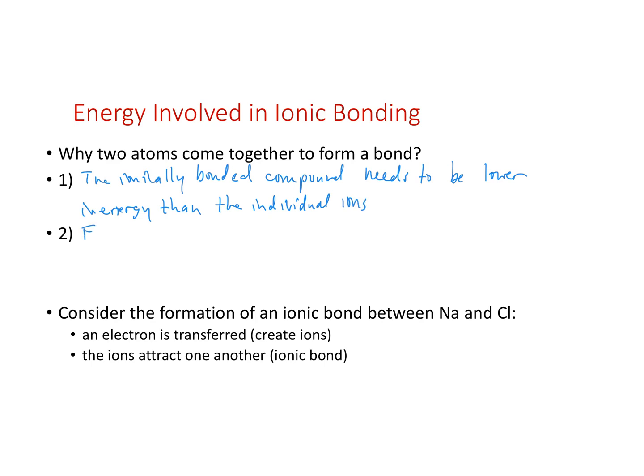We always want to go downhill with respect to energy. So most of the bonds that form bring us to a lower energy point. That means we're going to need to release energy. Energy should be released when an ionic bond is formed.